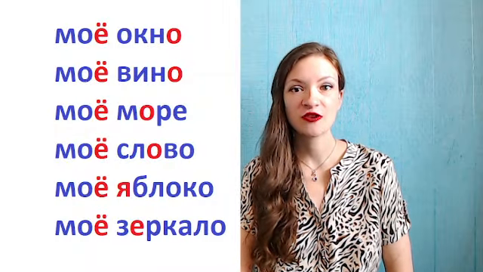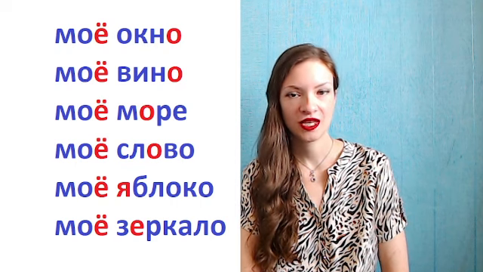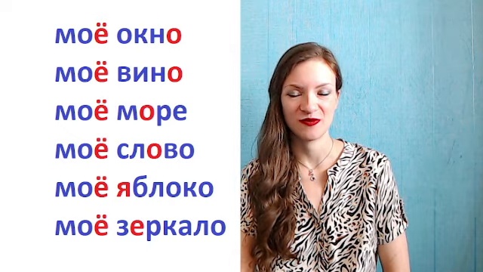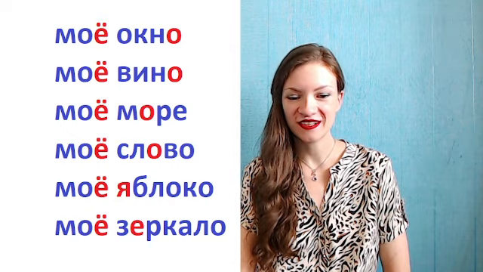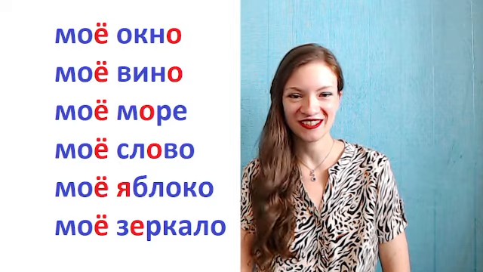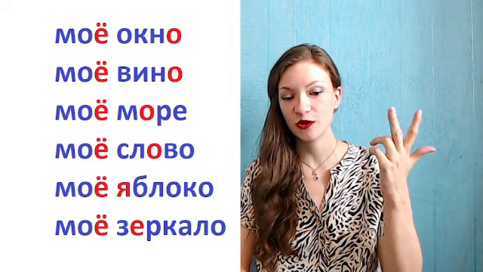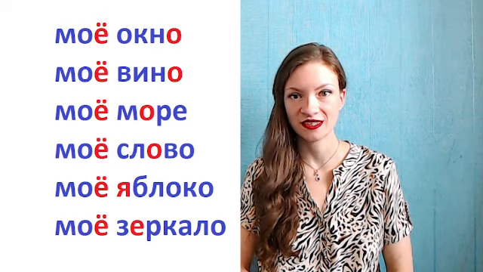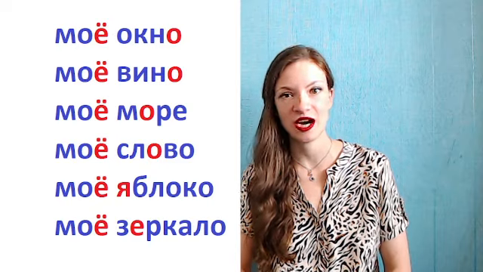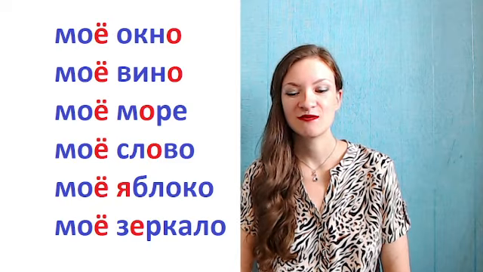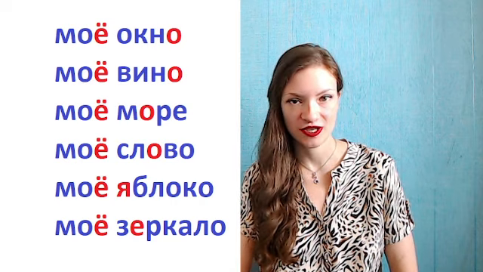Now let's talk about neuter forms. So you say моё окно, my window. And here, that's tricky, I know. You see three different O, and some of them are read like O, and some of them are read like A, because we read A in unstressed position.